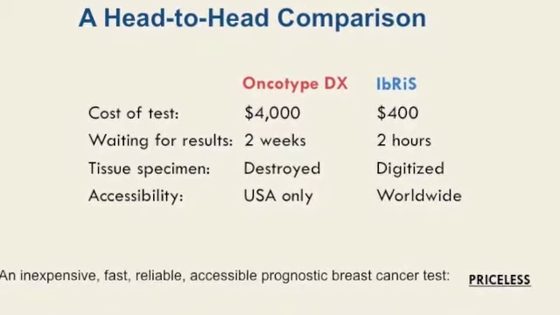It can, because the Oncotype DX test is $4,000. That means in lower middle income countries, you simply cannot do this test. It's way out of reach for people who would need it.